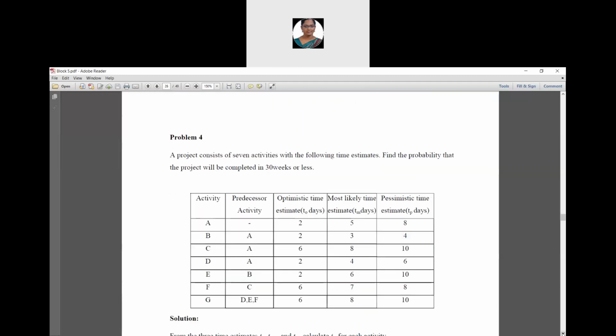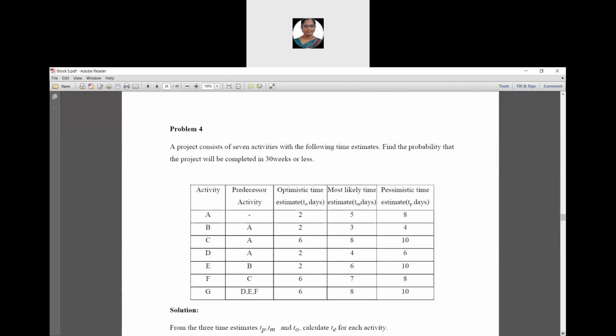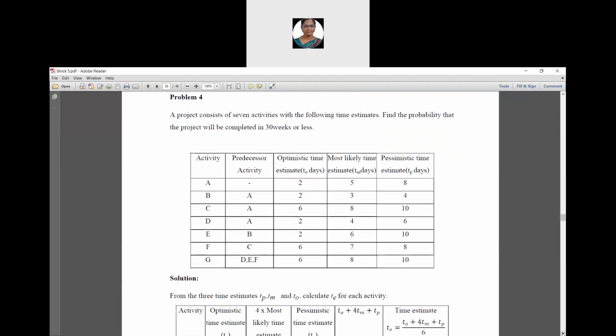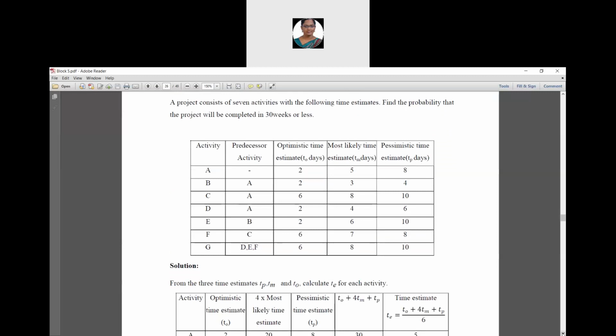Then problem number 4: a project consists of 7 activities with the following time estimates. Find the probability that the project will be completed in 30 weeks or less. For that, they have given activity and predecessor activity, optimistic time estimate values, most likely time estimate values, and pessimistic time estimate values.